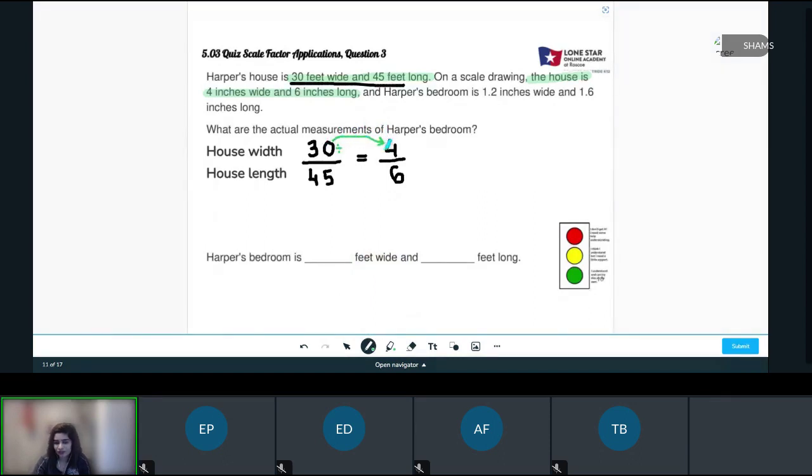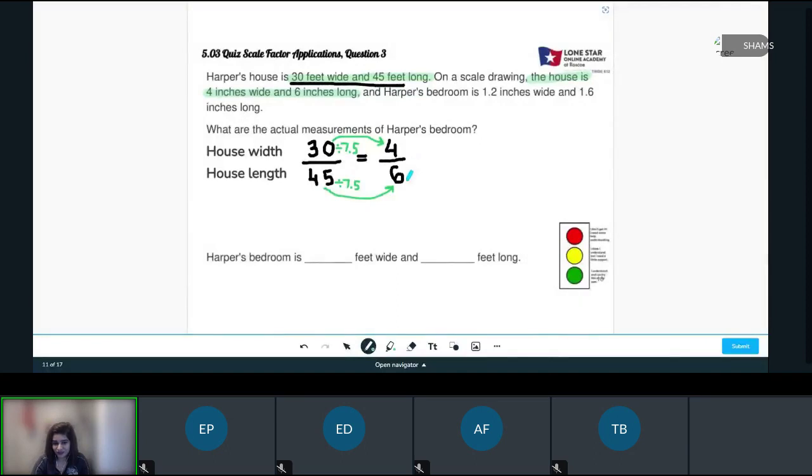Can you divide 30 by 4? It will tell you how much they're dividing by, right? If you divide 30 by 4, you see they divide by 7.5. So that the map is 7.5 times smaller. Same due to the length. If we are dividing 45 again by 7.5, we get 6. So we know the scale factor was 7.5.